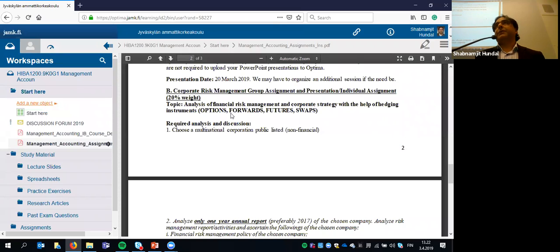Remember, I told you last week that the first assignment's main role was to identify risk and threats. And in this assignment, you will be trying to hedge, protect, safeguard those risks by using a medicine treatment therapy called derivatives.